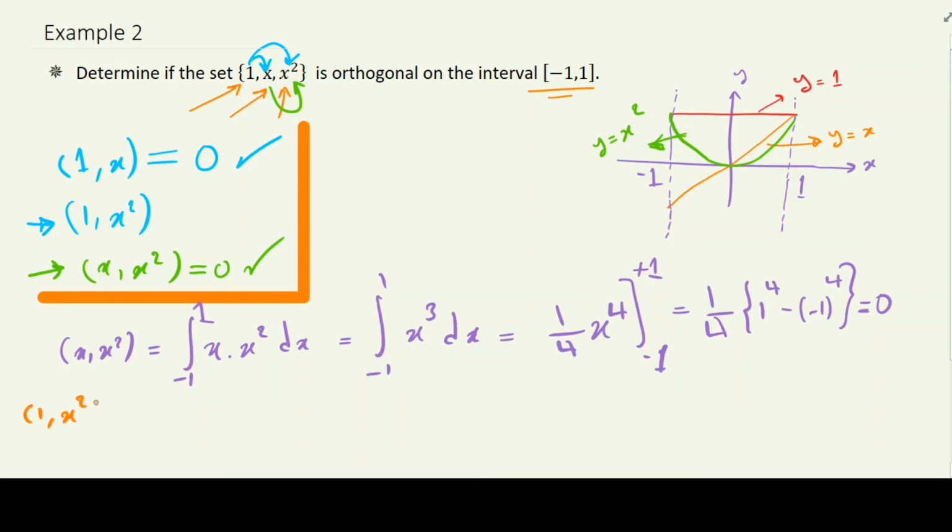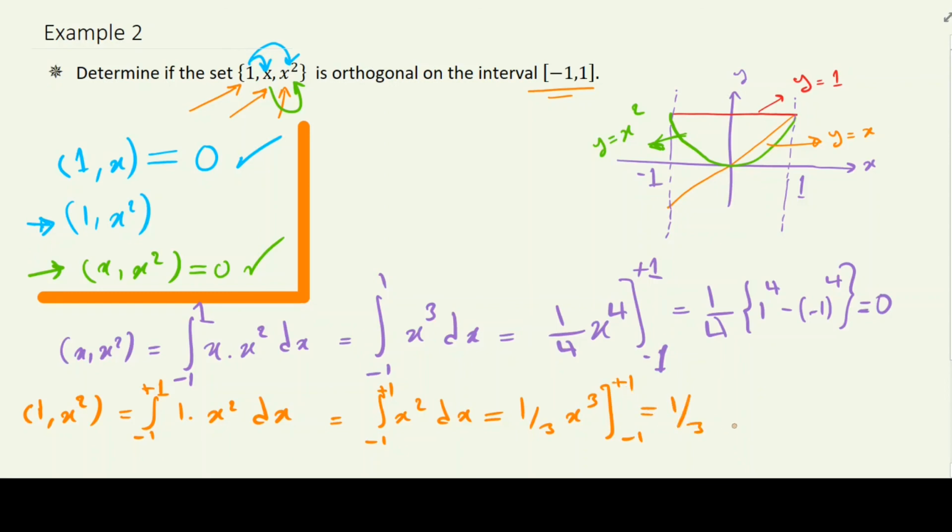So the inner product of 1 and x squared, again by definition, is going to be the integral of their product, 1 times x squared dx from -1 to +1, and is going to be the integral of x squared dx from -1 to 1, which is going to be 1/3 of x cubed from -1 to +1, which is going to be 1/3 of 1 to power 3 minus -1 to power 3, which is going to be equal to 2/3.